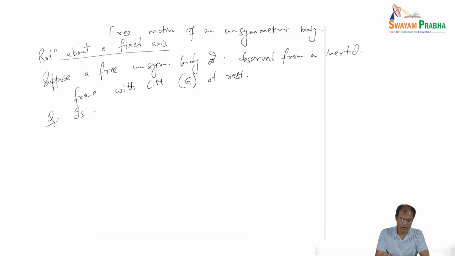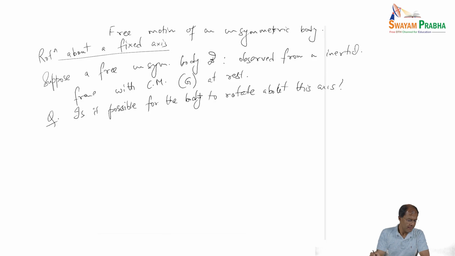Is it possible for the body to rotate about this axis? The issue is, if such an axis exists, it must pass through the center of mass. That is certainly true.